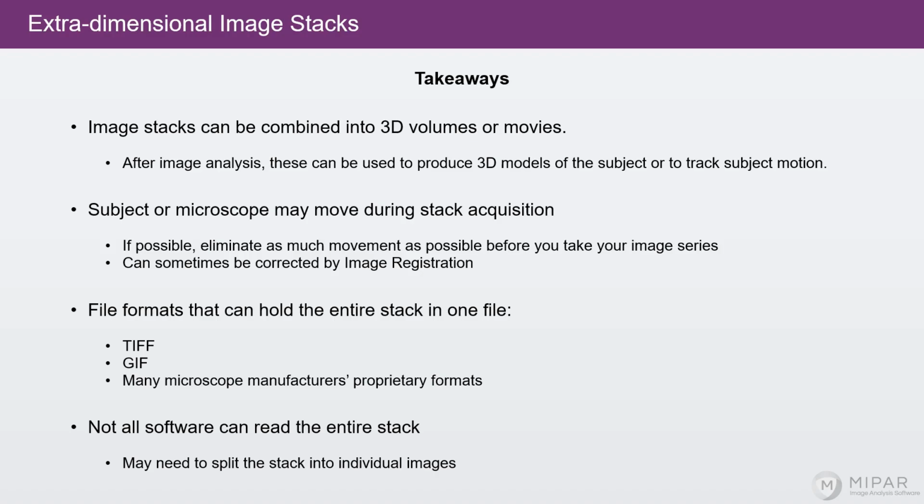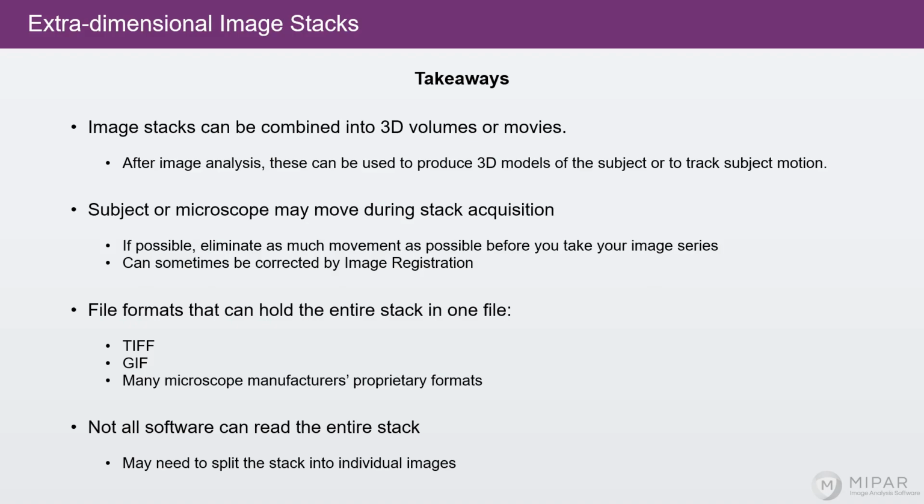So if possible, eliminate as much movement as you can before you start your acquisition. Do as well as you can beforehand. Afterwards, sometimes this movement can be corrected by image registration. That's where you look at one image, look at the next, find a feature that you expect to be the same in both, and then use that feature to realign the images.